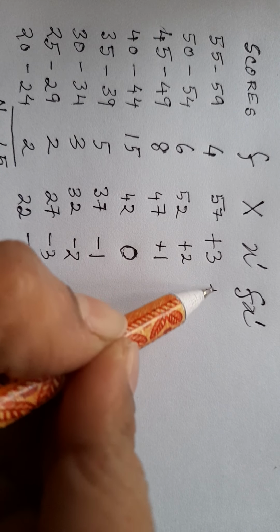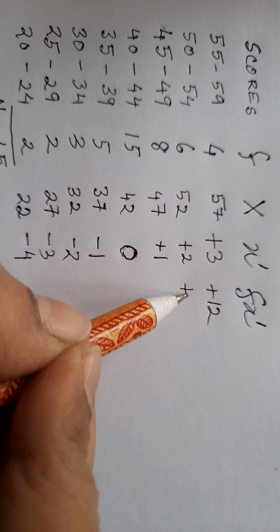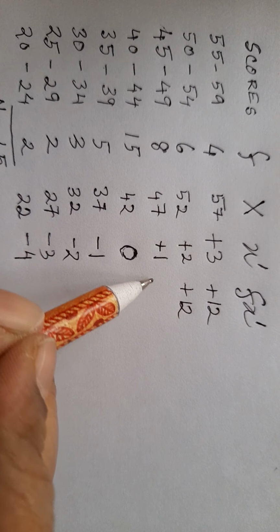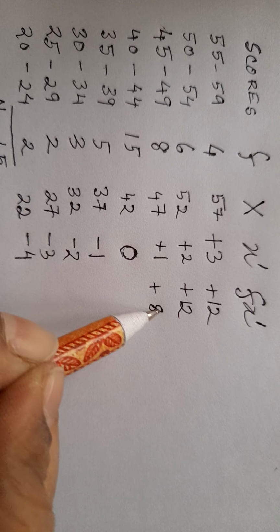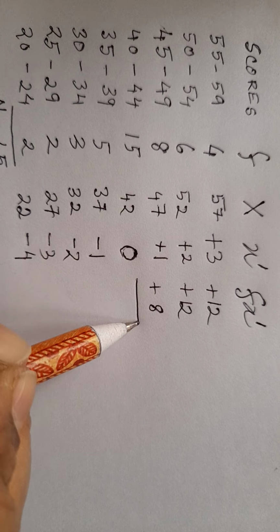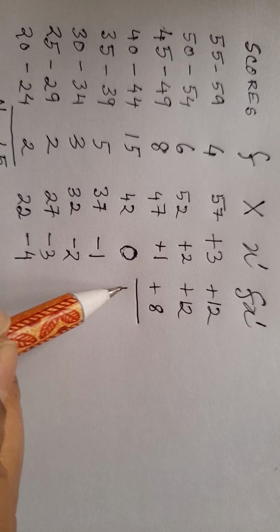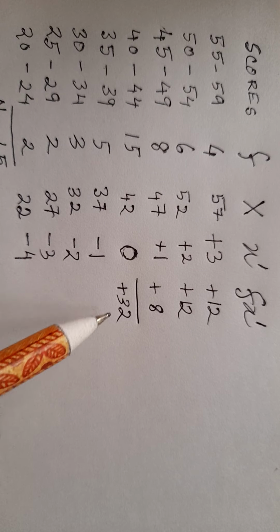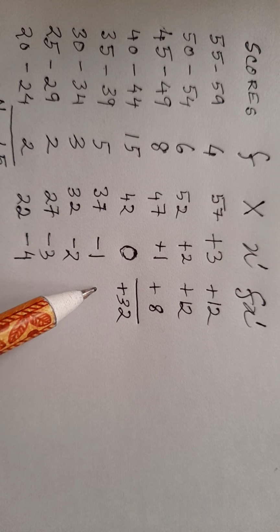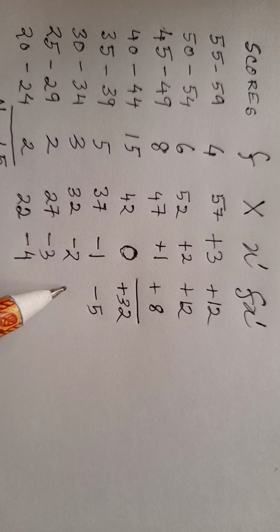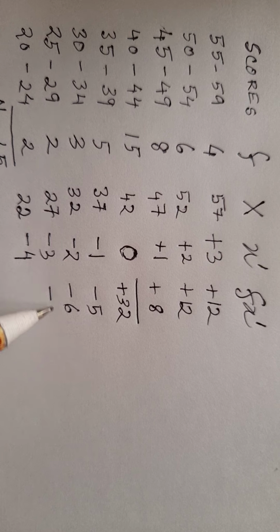Here plus 12, plus 12, plus 8. The total, you have to make a summation here, plus 32. Next go to minus 5, minus 6, minus 6, minus 8. Total here is minus 25.